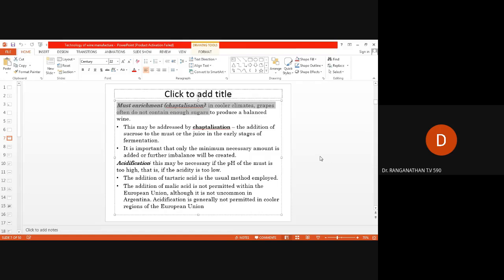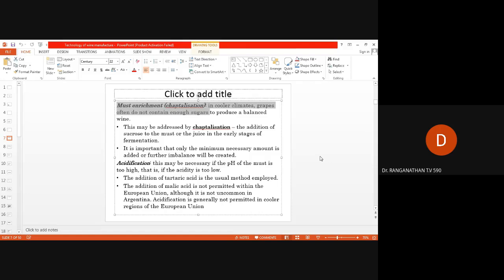That is one. The second thing is, to ensure that the final product has a uniform alcohol content of around 11%, what is done? If you need to have 11% alcohol, I need to have a starting material of 22 degree Brix sugar.